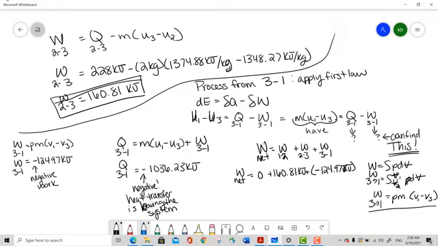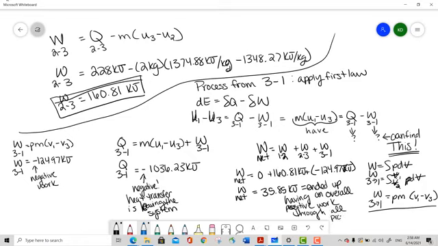Okay, and so then our net work ends up being 35.85 kilojoules, and we ended up having an overall positive work through all processes.